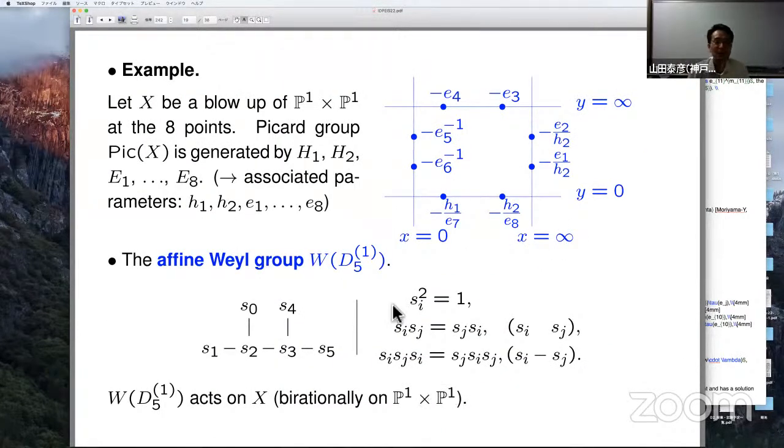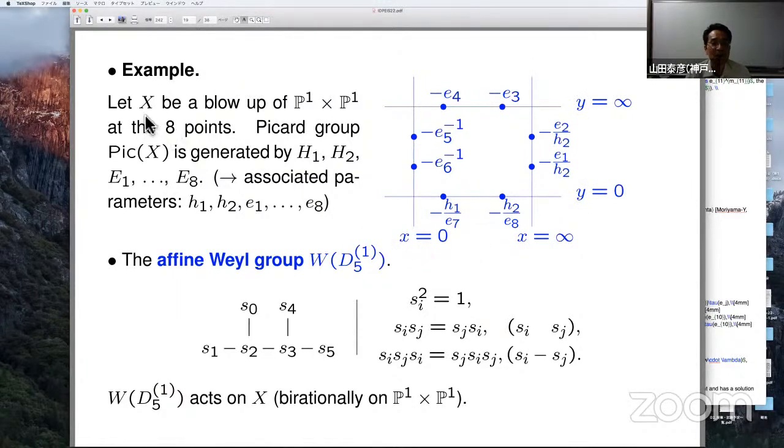So first, let us recall the geometric setup of Sakai's work. And this is the example of the Jimbo-Sakai's Painlevé 6, q-Painlevé 6 case.